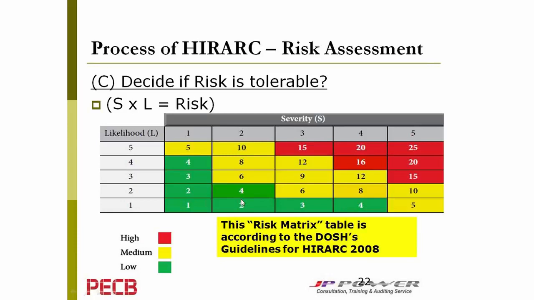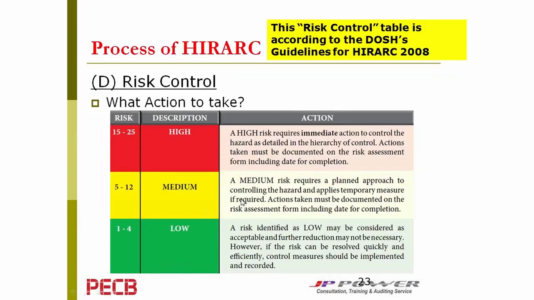Now, in the following slides, there is an example of a description of what we should do at these different levels of risk. We have green, yellow, and red.